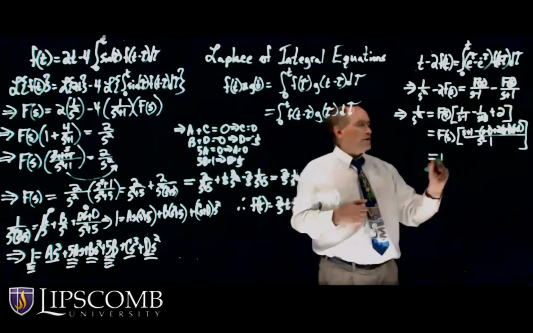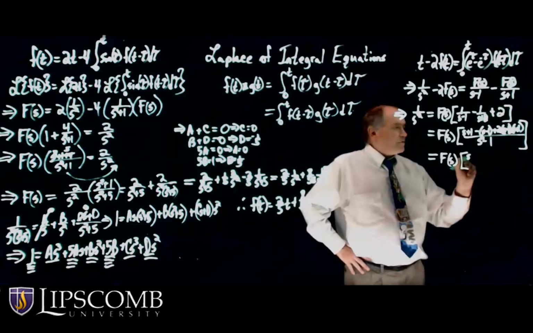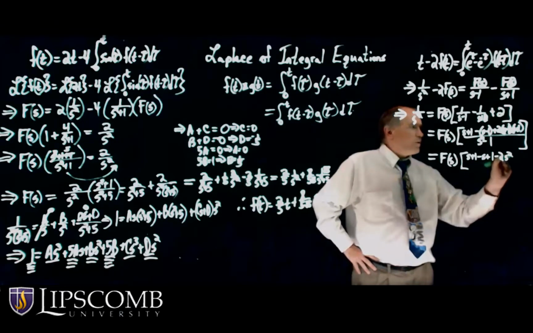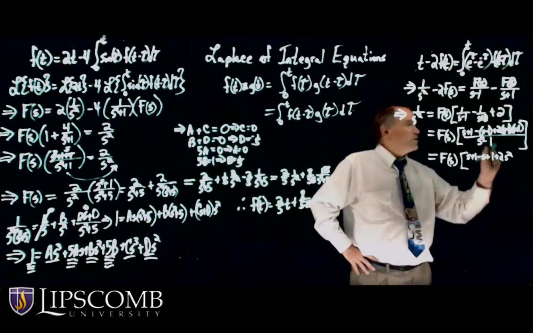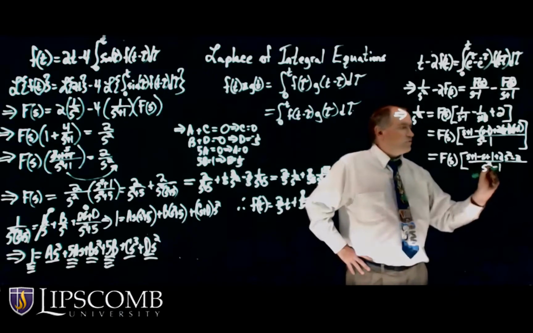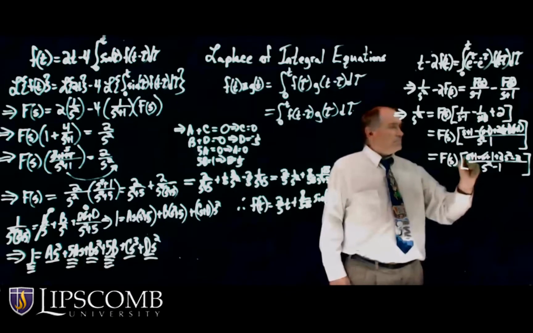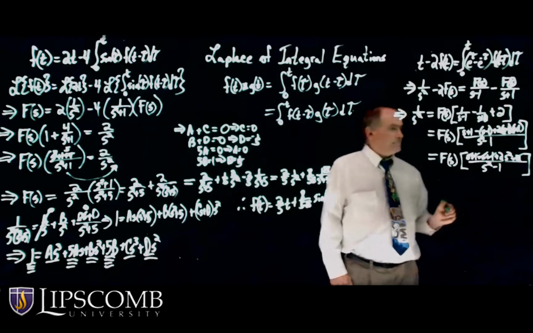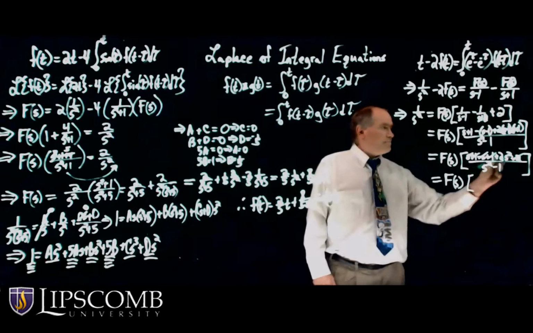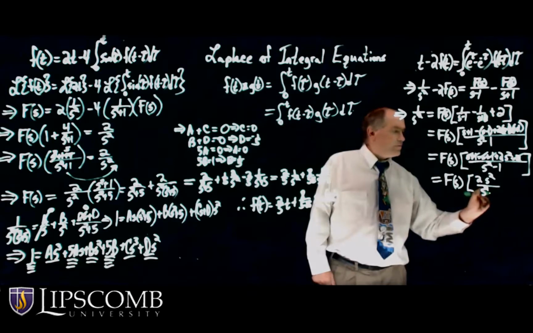Okay, so I get F of s times: s plus 1 minus s plus 1 plus 2s squared minus 2, all over s squared minus 1. So those s's cancel out, the 2's cancel out. So I end up with F of s times what? 2s squared over s squared minus 1.